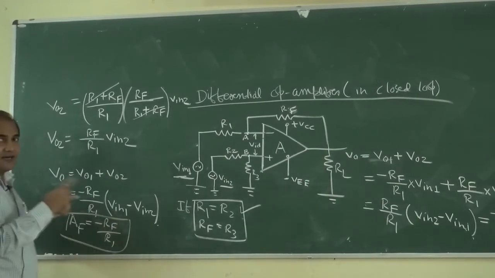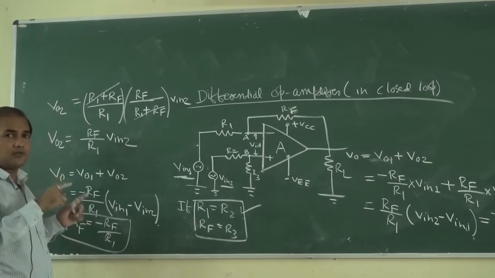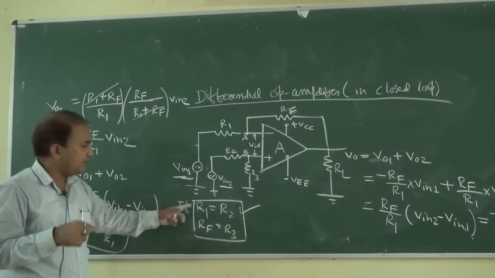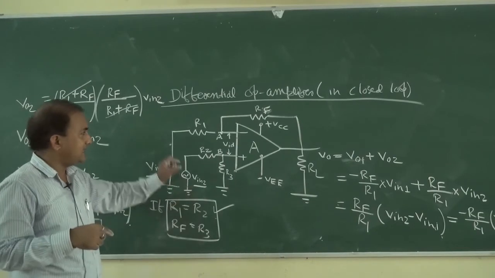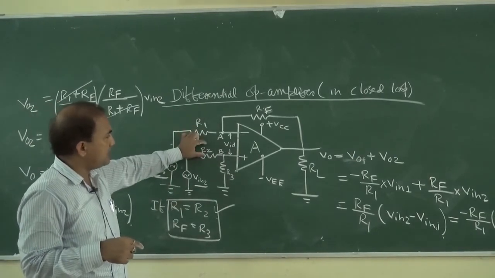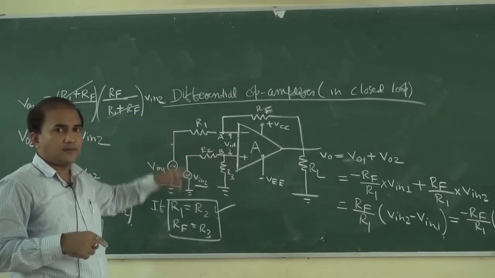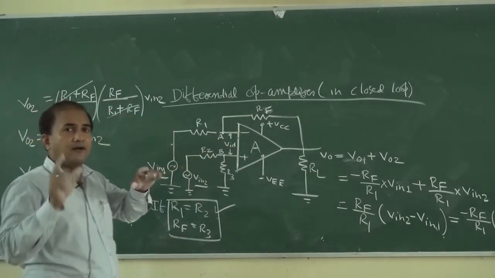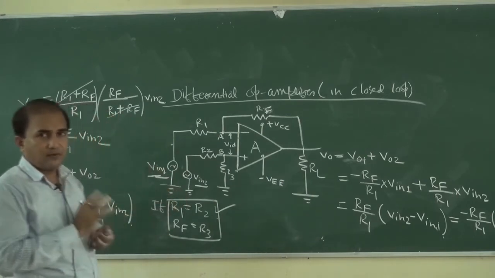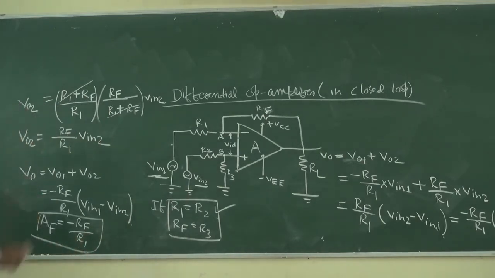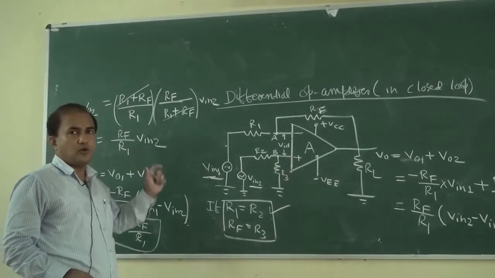So this gain and the gain of inverting operational amplifier are both the same, if R1 is equal to R2 and RF is equal to R3. So this is the expression of gain in case of differential operational amplifier in closed loop configuration.